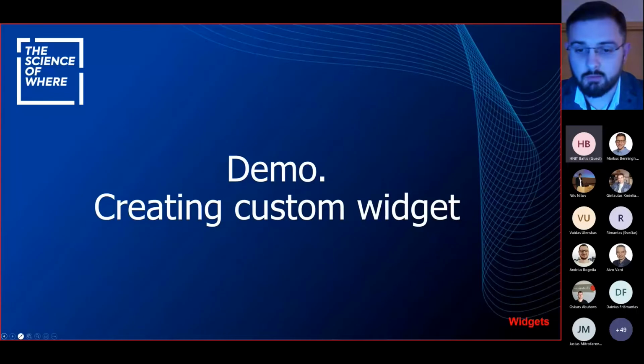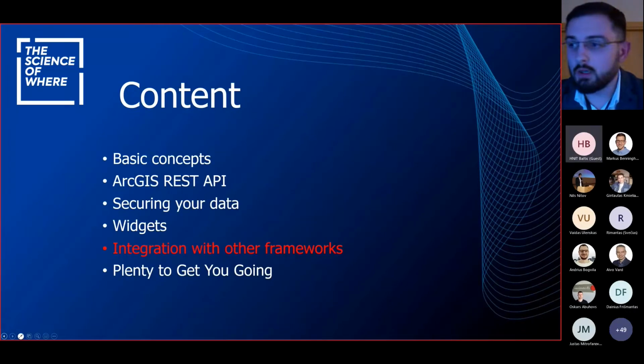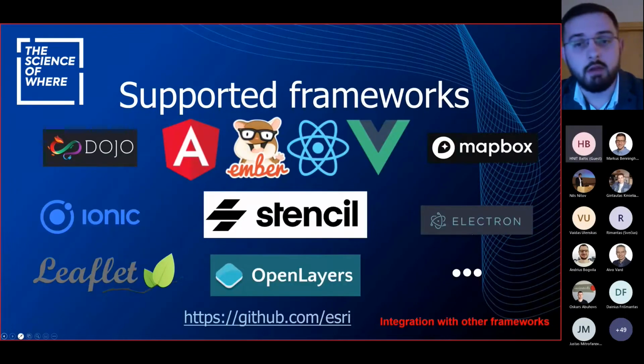Okay, let's go back to the slides. Now let's move on to the API integration with other frameworks. As I mentioned earlier, the API can be integrated with many third-party frameworks, especially since ECMAScript modules became available in the 4.18 version of the API.